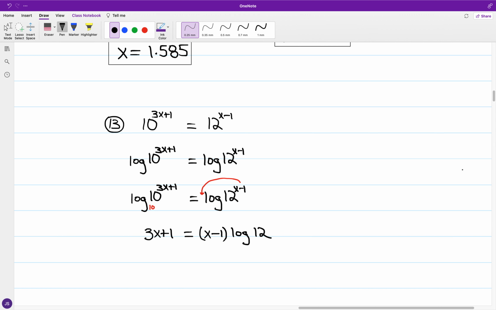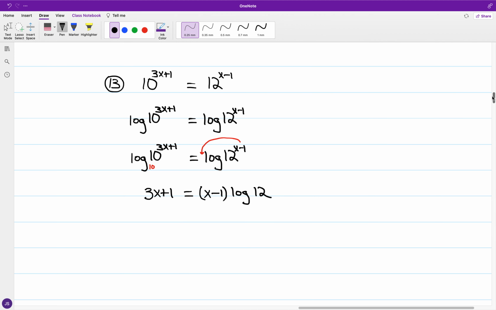So you got 3x plus 1 is equal to, on the right, x times the base 10 logarithm of 12 minus the base 10 logarithm of 12.